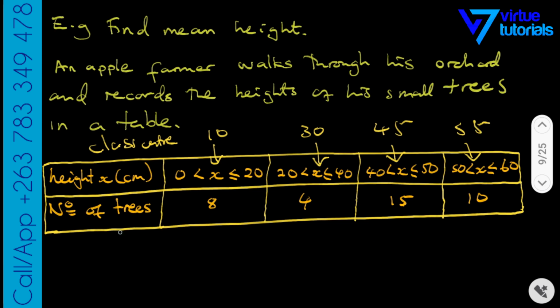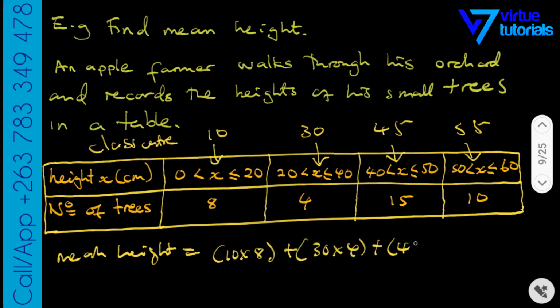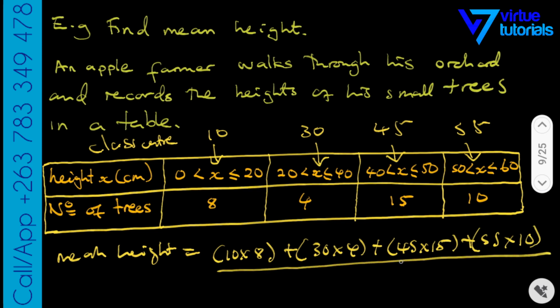So to calculate your mean height, it's going to be class center times frequency, plus class center times frequency, and so on. So it's going to be 10 times 8 plus 30 times 4 plus 45 times 15 plus 55 times 10. Then you divide all of this over the total frequency, 8 plus 4 plus 15 plus 10.